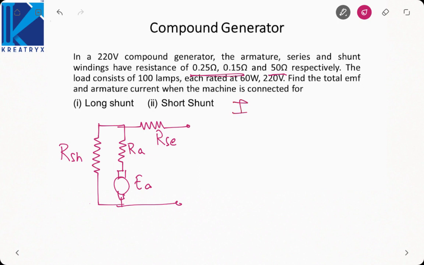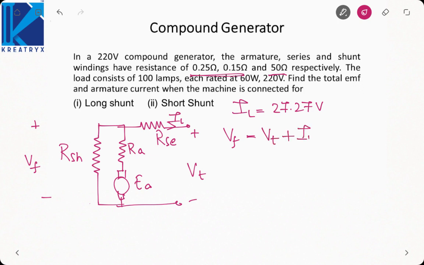We just now calculated IL, it was 27.27. That will remain same. So let me calculate the voltage across the field winding, that is VF. This is IL, this is VT. So field winding voltage is terminal voltage plus IL into R series. VT is 220 plus 27.27 into R series.